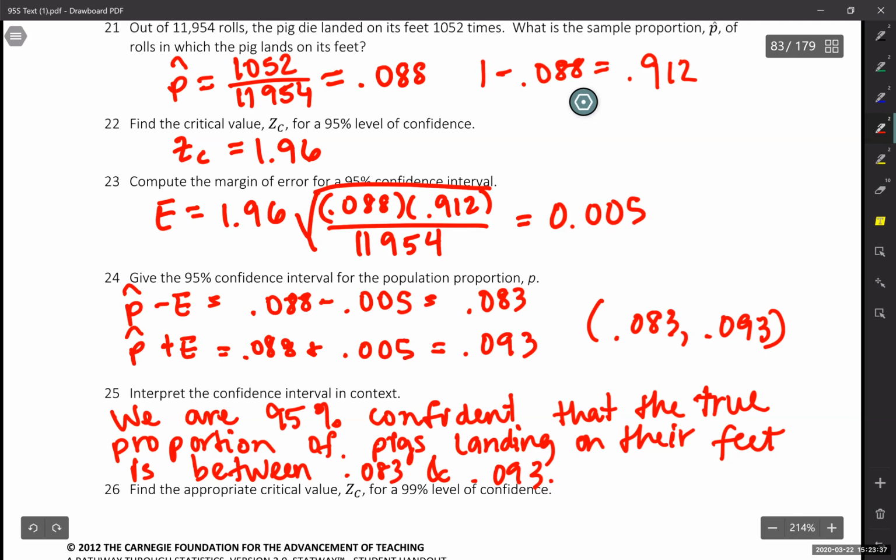So basically between 8 and 9% would be the proportion. We're 95% confident that the proportion would land in between those two values.